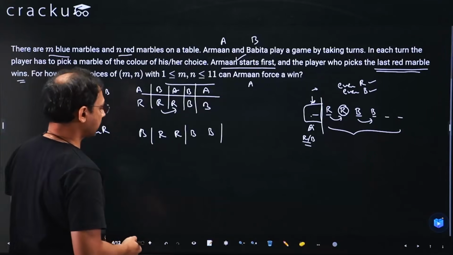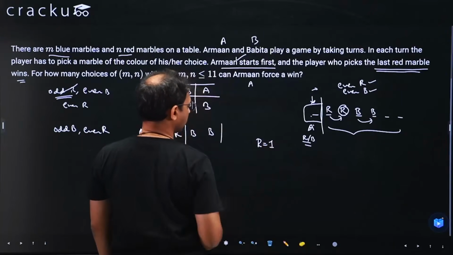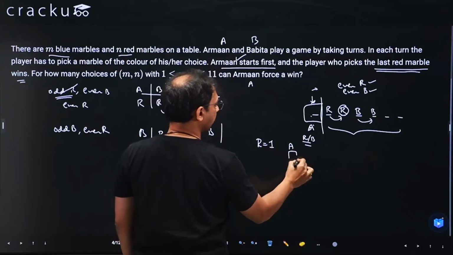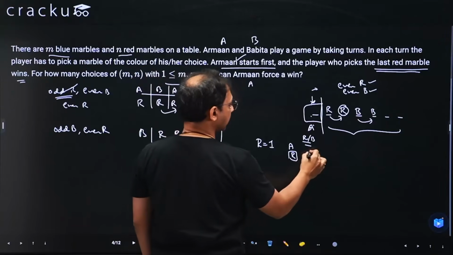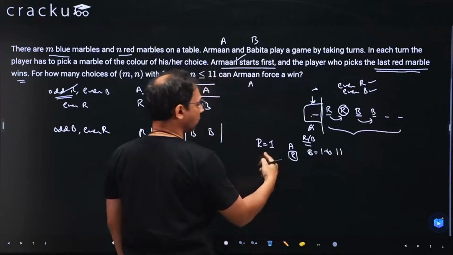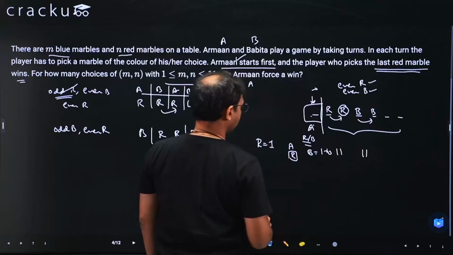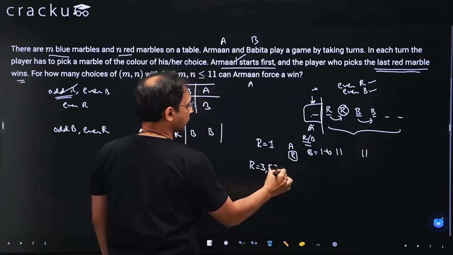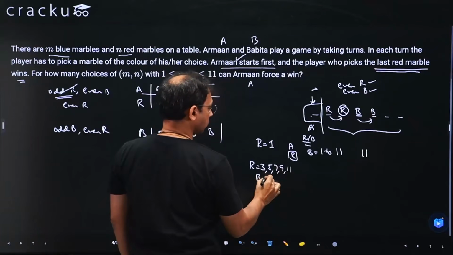But there is a special case here. If the number of red is 1, when Arman is picking the first one, he'll directly pick a red and he'll win in the first turn. In this case, blue can be anything. We don't care whether blue is even or odd. So here I have 11 cases. After one, if the number of red marbles is 3, 5, 7, 9 or 11, blue should be even.